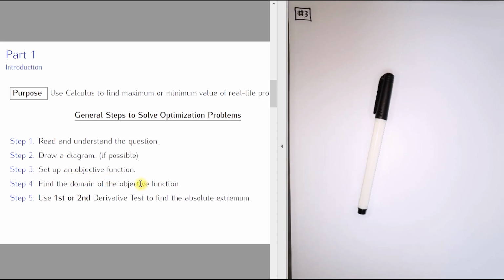This objective function is the function that we need to maximize or minimize. Step 4. Find the domain of the function. And finally, we use either the first derivative or second derivative test to figure out the absolute maxima or minima.